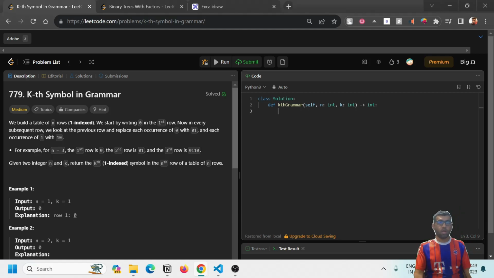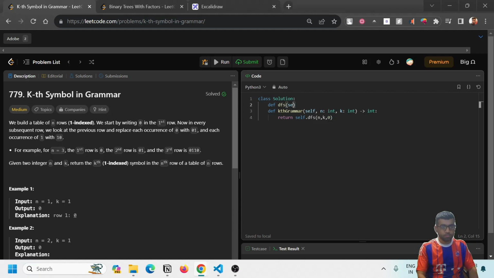So what happens is that we can make a function, return self.dfs, and pass n, k, and 0, that is the root value. Because now we can create our dfs, with self, n, k, root value.